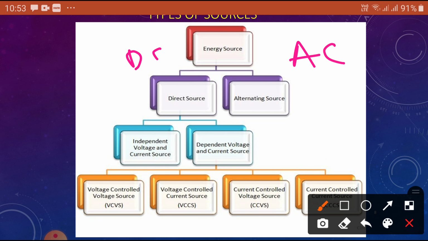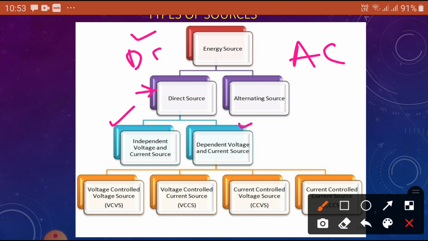Students, please remember that electronic circuits generally use only DC supply, so I concentrate on DC sources. DC sources are further classified into independent voltage and current sources. Independent means it does not depend on any other factors, whereas the other sources are dependent voltage or current sources. It depends upon other factors.